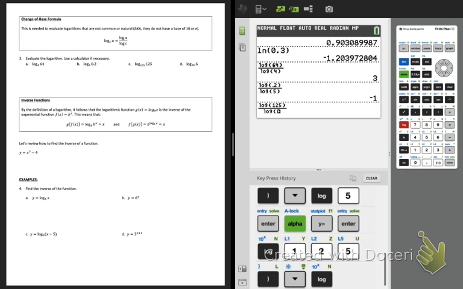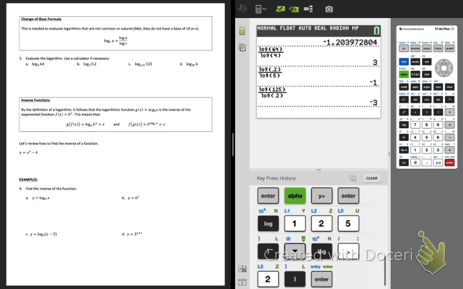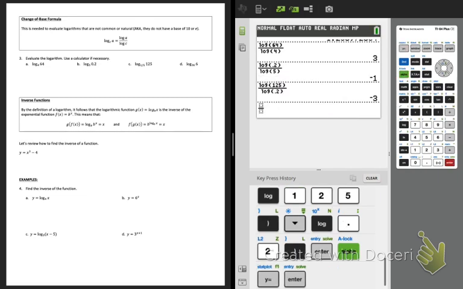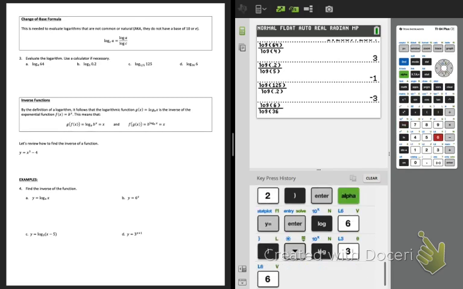Now, you can go ahead and use your fraction button to enter that in. I'm just going to enter that in as 0.2 because I know it's the exact same thing. And that gets me an answer of -3. And then last but not least, for D, log of 6 over log of 36. And that gets me a final answer of 1/2.